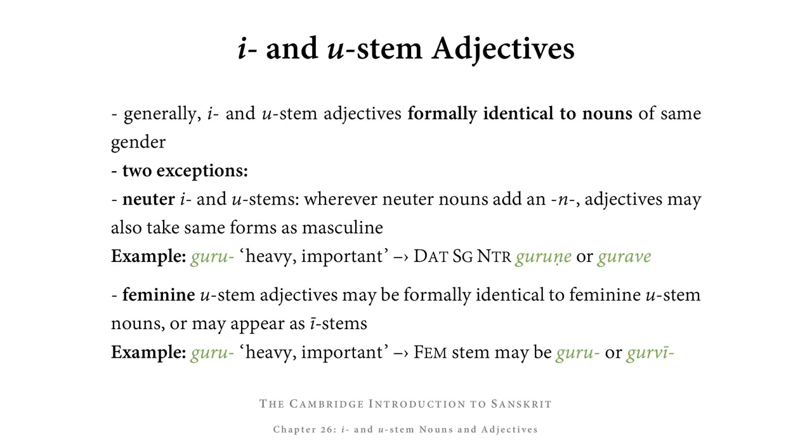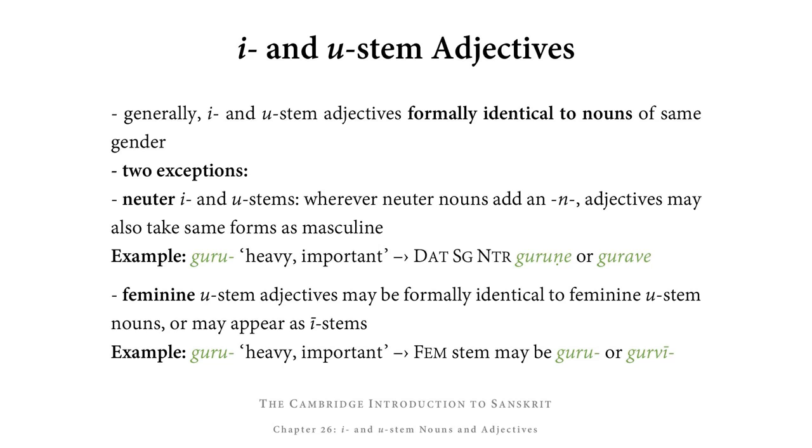Having looked in great detail at I and U stem nouns, let's also briefly take an explicit look at I and U stem adjectives. Now, generally, I and U stem adjectives are formally identical to nouns of the same gender. That means that the forms of I stem masculine adjectives would look identical to those of I stem masculine nouns, and so on.